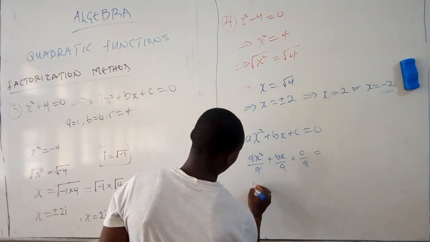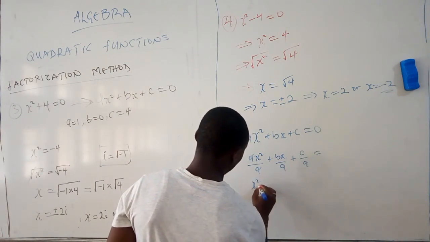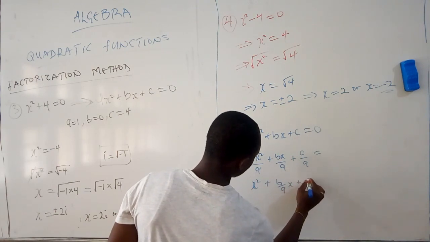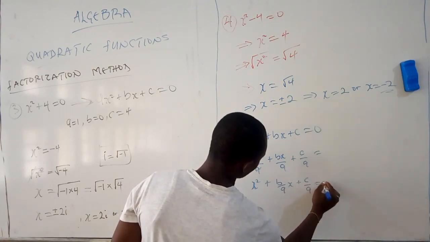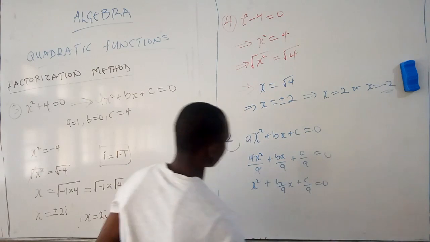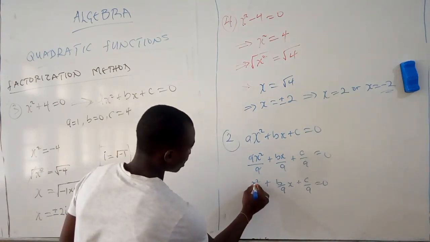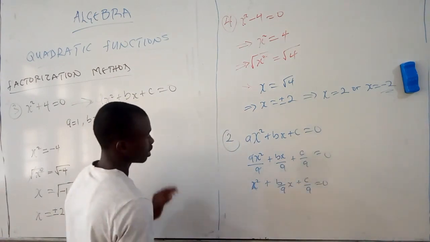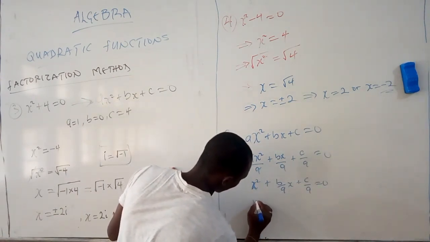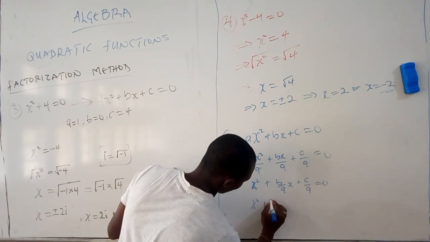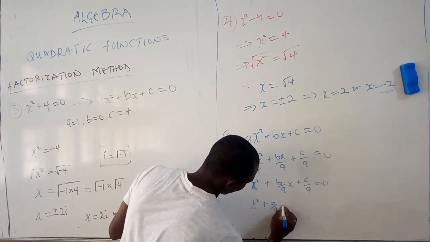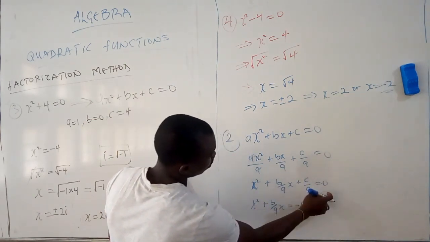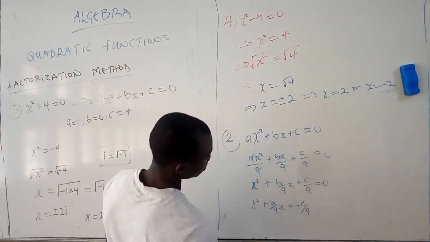You are left with x squared plus b over a x plus c over a equal to 0. So you collect items. Those with x stay here, and those without x you move to the other side. So you have x squared plus b over a x is equal to minus c over a, because of crossing the equal to sign, plus becomes negative.